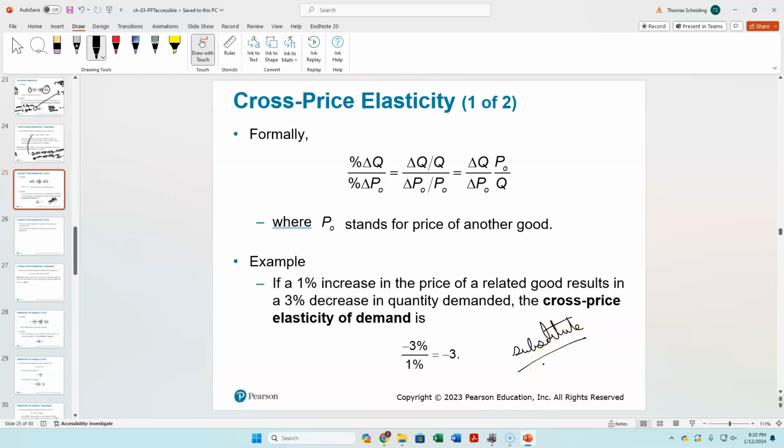If I'm selling a substitute good, what we're going to see here is that if the other good is falling in price, then we would know that the quantity demanded of that good is rising.